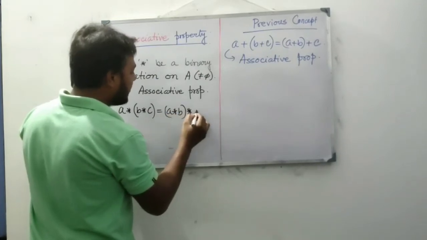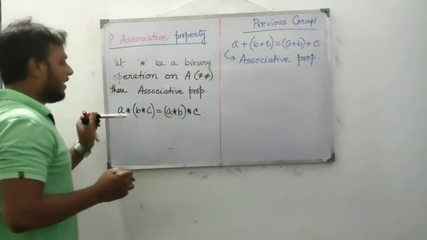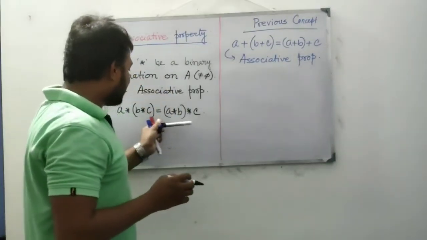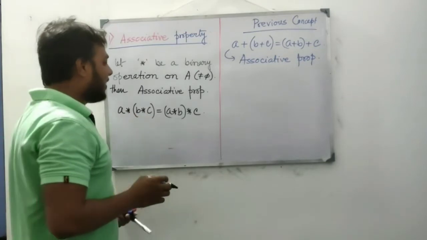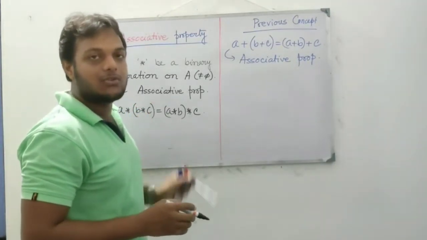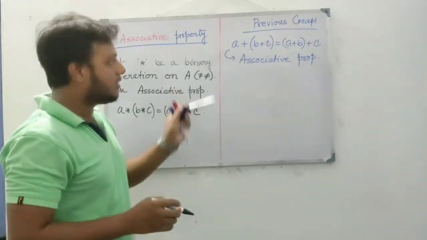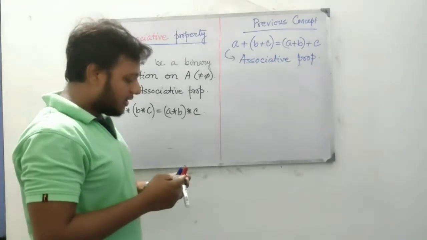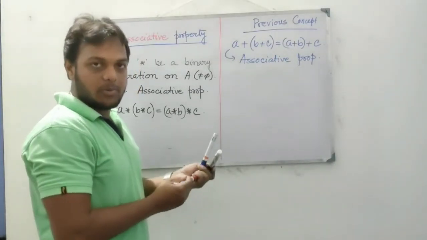That's just in the place of plus we have written here star. If an operation satisfies this property, then we can say that this operation satisfies the associative law or associative property. Clear?